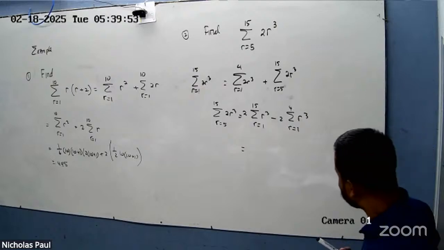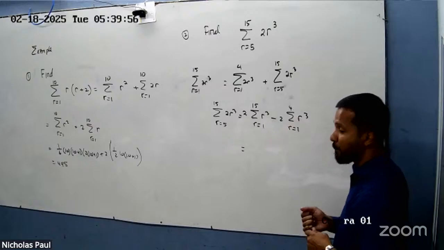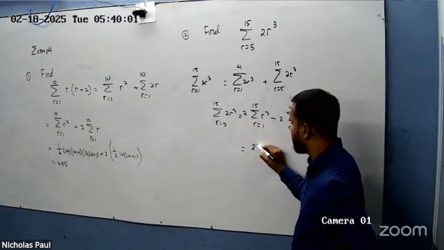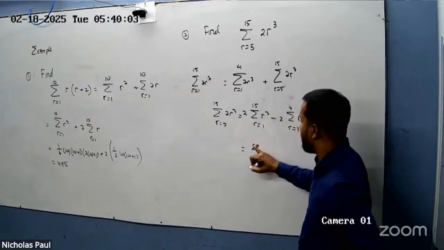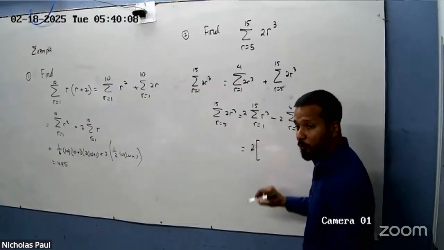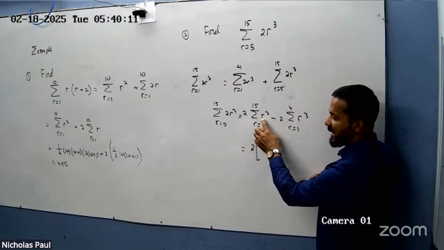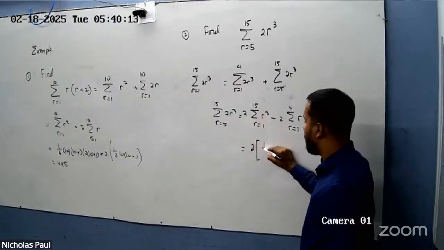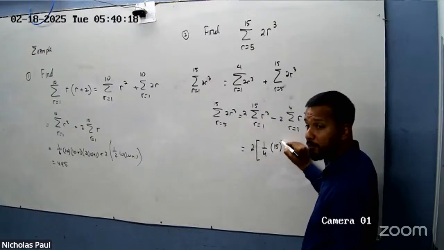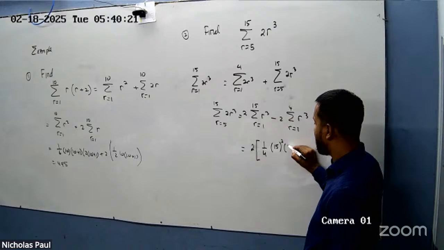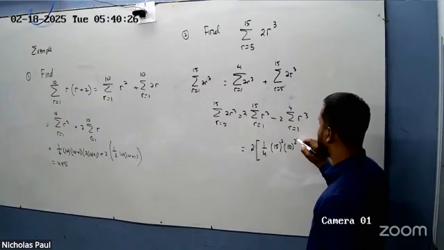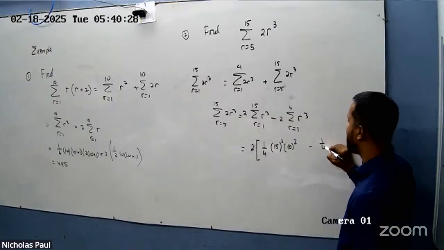How much will I get? What's the formula for r cubed? 1/4 by... And then I put that in the calculator to do the same thing here. 1/4.